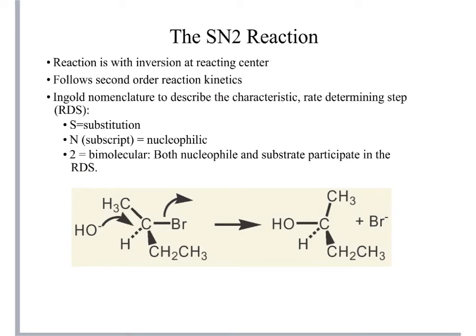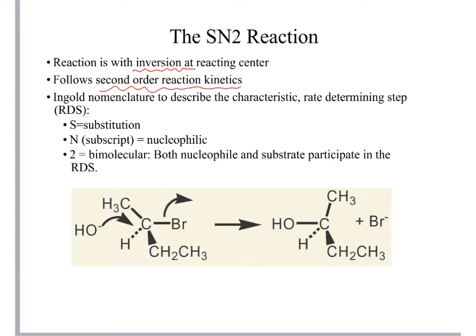So let's focus on the first type of reaction mechanism, which is the SN2 reaction. This reaction proceeds with inversion of the reacting carbon atom. So if there is a stereogenic center, it will be inverted from R to S. It follows second order kinetics.